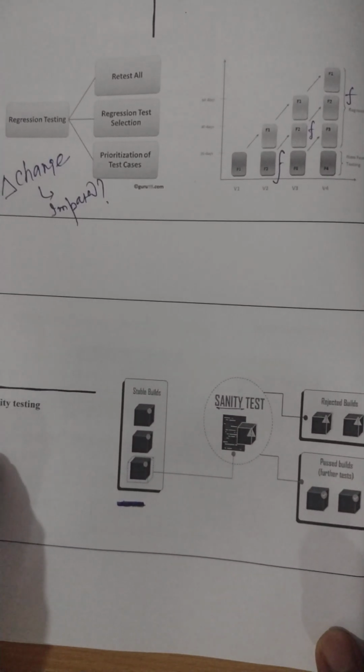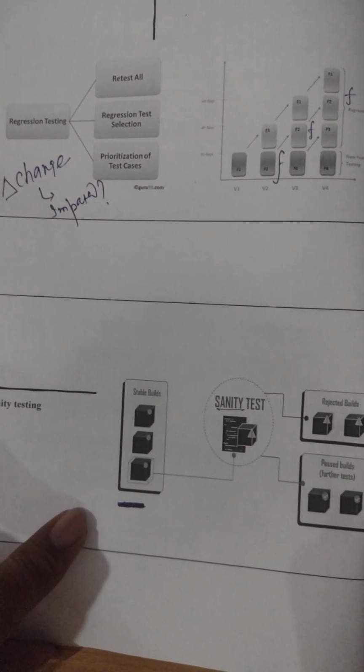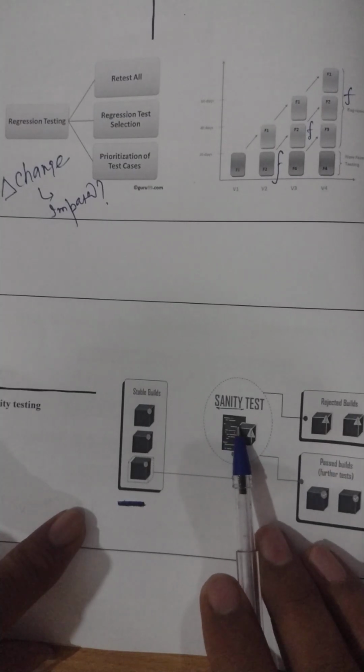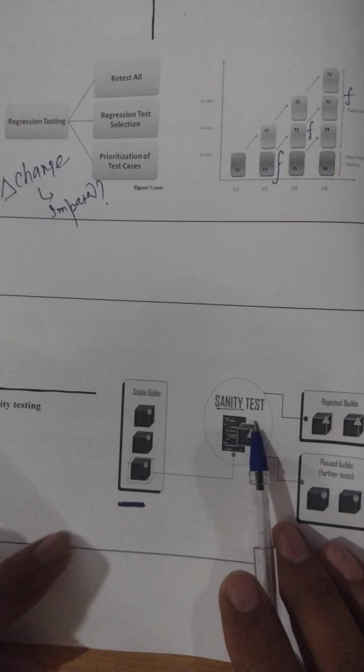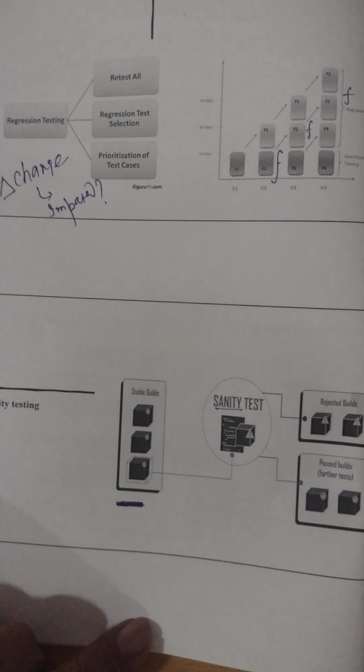The next category is sanity testing, where we build it and do a sanity check on whether the build can be tested further or not. If it is not proper, some test cases we run, and if it is not ready for the test, we reject the build.